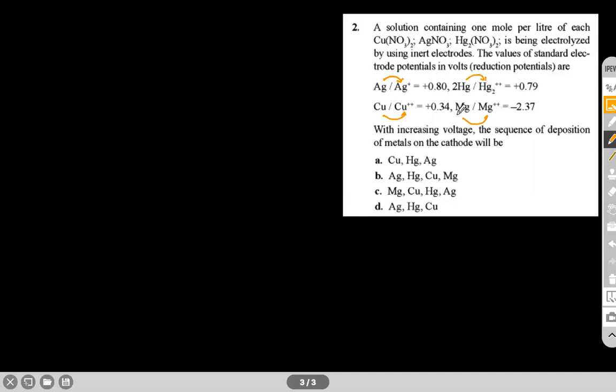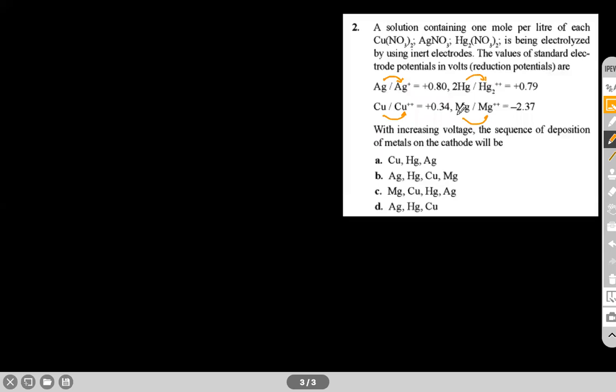Okay, so Ag to Ag plus, the oxidation potential is plus 0.80. So reduction potential of silver is minimum and magnesium is maximum. Silver is minimum and magnesium is maximum.